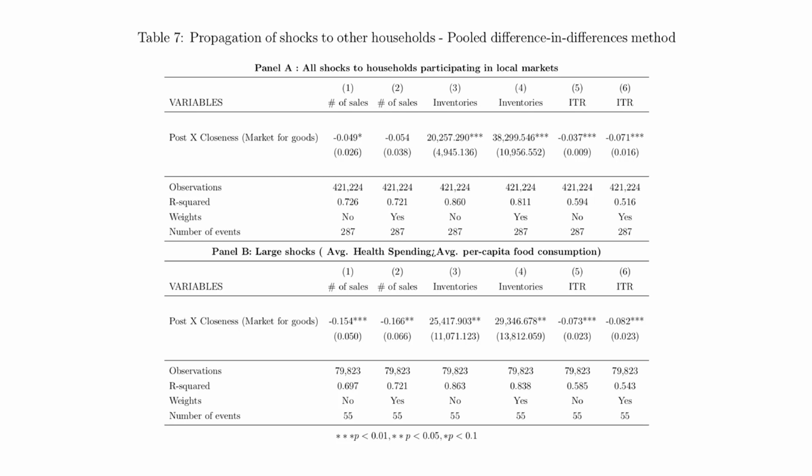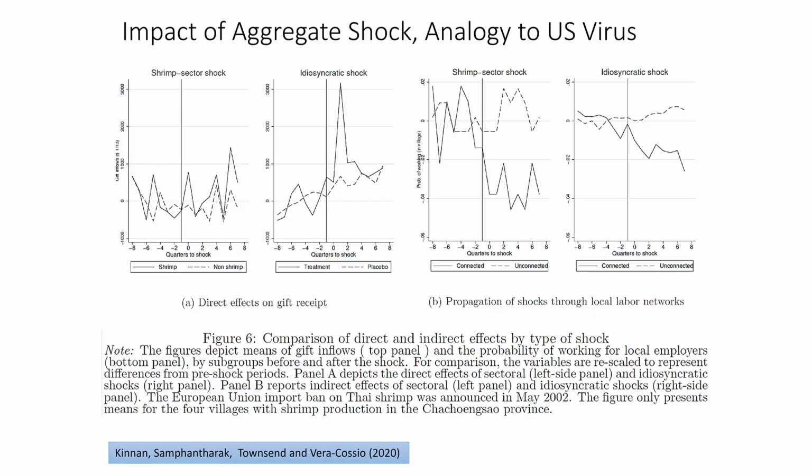So the issue is not just in Thailand or India for that matter, but do these networks exist in the US? And what's going on with COVID? That interstate risk sharing stuff suggests that networks are not necessarily local. They could be global, but your relatives or other family members are engaged in risk sharing when you experience a shock back home.